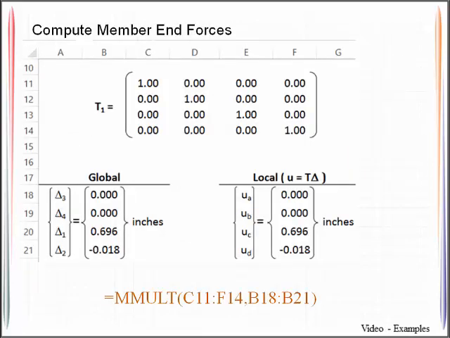Okay, we have the joint displacements, we have the reactions computed, and the last thing we need to find are the member end forces. And this is a 2-step process. First step is we need to find what the joint displacements are in the local coordinate system. We denote that with the lowercase u.